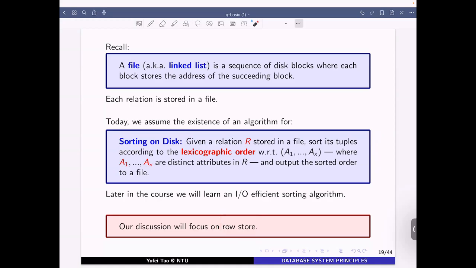We won't spend time on column store. However, as I said, the key thing is to learn the principles underneath. Once you have understood the principles, you are able to apply the same principles to think about how to process these operators under column store.